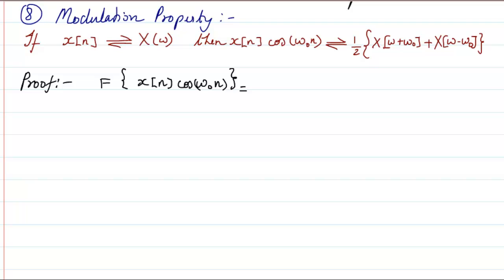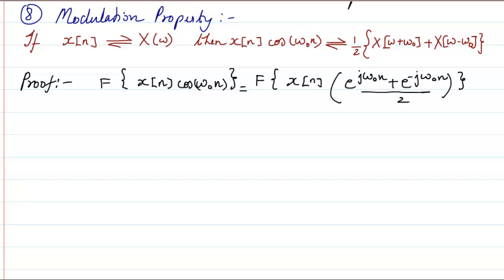The Fourier transform of x of n cos omega naught. The first thing we can do is write cos omega naught n in terms of Euler's relation. So I will write x of n multiplied with, we know the formula, e raised to power j omega naught n plus e raised to power minus j omega naught n divided by 2. That is the Euler's relation for cos omega naught n. Therefore the Fourier transform equation is going to be summation n equals minus infinity to infinity.